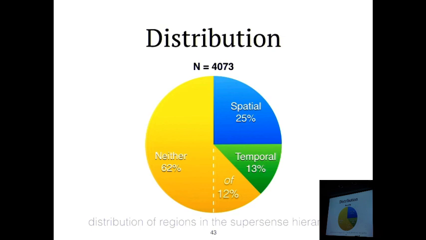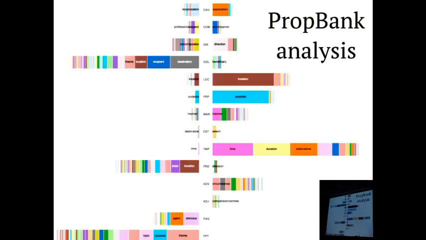neither spatial nor temporal. We also, if you're interested, did an analysis on how our annotations relate to PropBank, because the corpus had been independently annotated with PropBank, and basically we see a big difference between PropBank core roles and PropBank modifier, or adjunct, roles.